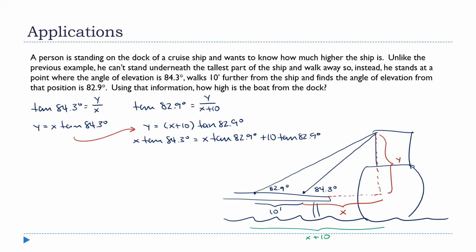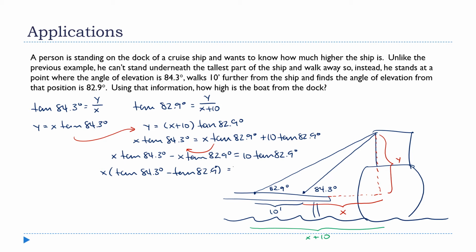Now, move the x term over to the other side. x tangent 84.3 minus x tangent 82.9 equals 10 tangent 82.9. Factor out the x. This is x times the quantity tangent 84.3 minus tangent 82.9 equals 10 tangent 82.9.